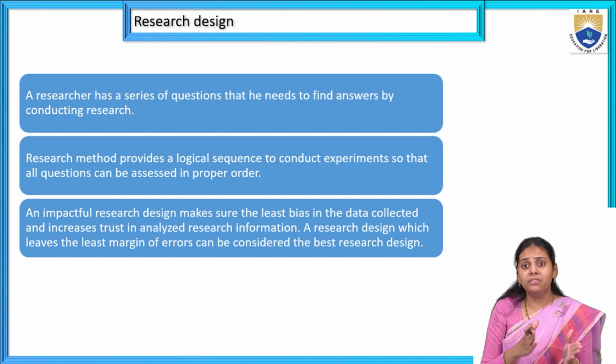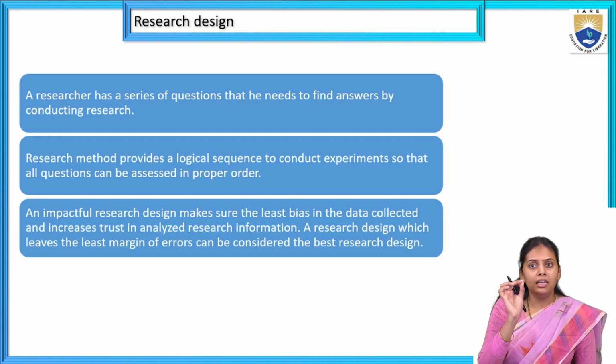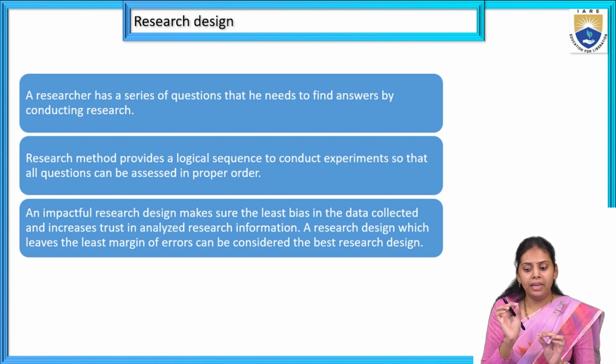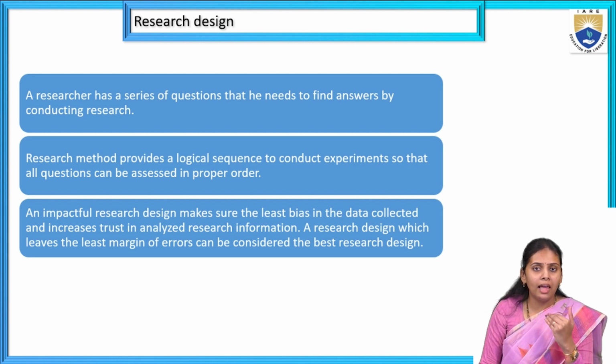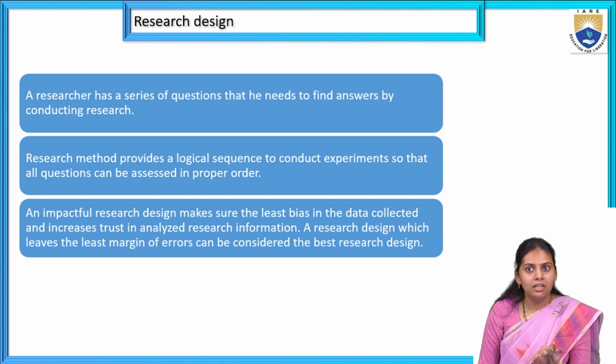An impactful research design ensures the least bias in the data collected and increases the trust in the analyzed research information. So a research design which leaves the least margin of error can be considered the best research design.